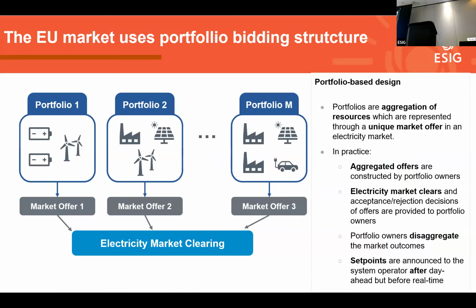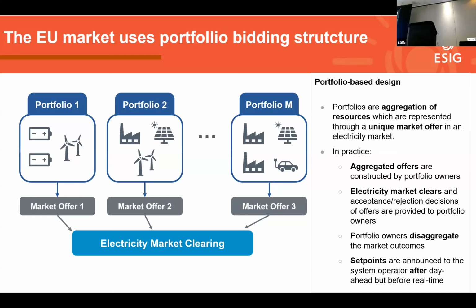So those are aggregations of resources which are represented through a unique market offer that is given to the market. So let's imagine you have a generation unit which has wind turbines and batteries.